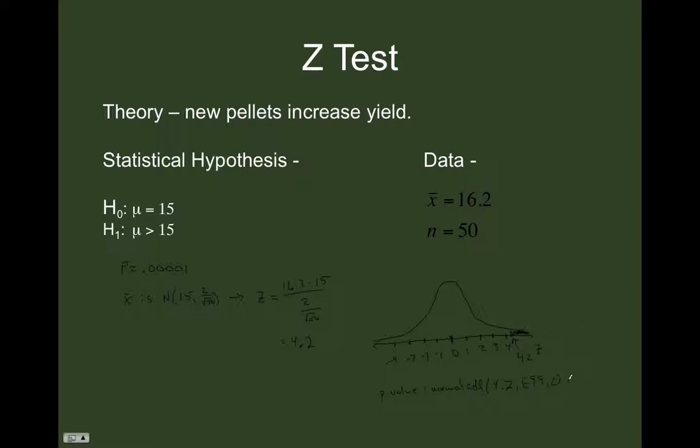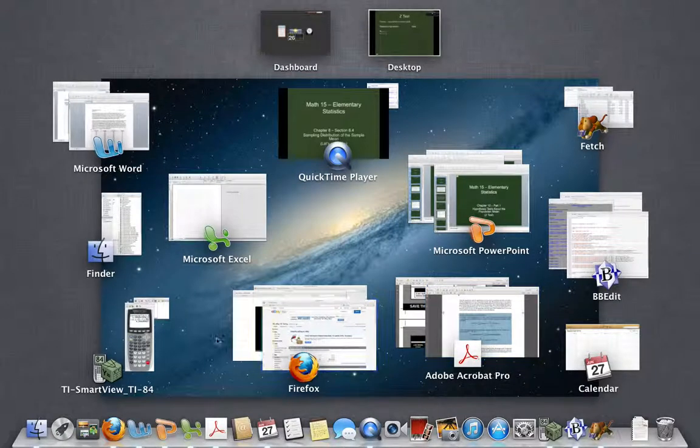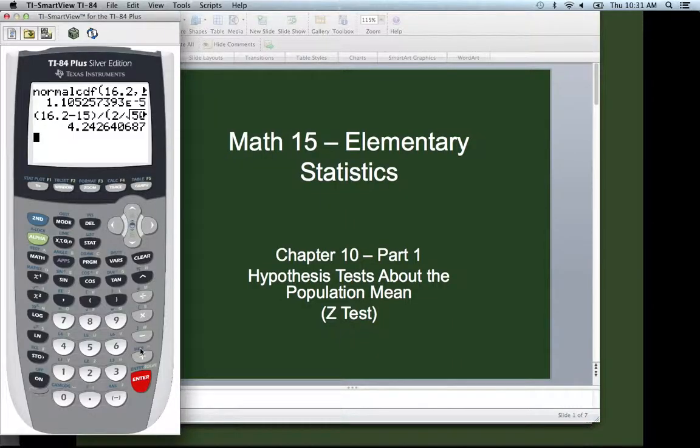But now the mean is going to be 0 and the standard deviation is going to be 1. So when I go back to the calculator, second vars, the distribution menu, normal CDF, lower limit's 4.2, upper limit is going to be E99.